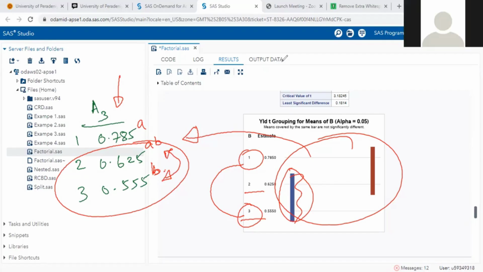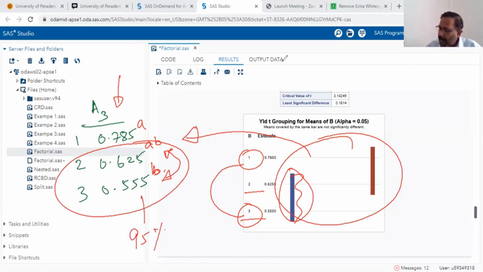Yes sir. Sorry. So we are using statistics to see whether, even if there are differences in the values, statistically these are the same. Because we are saying we are 95% sure there is no difference between memory 2 and 3 for program A3 statistically.